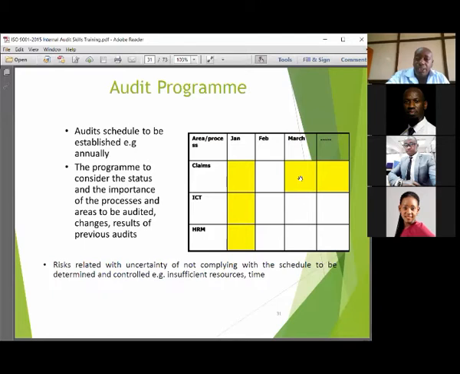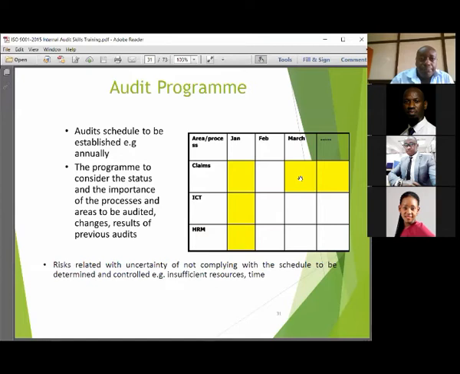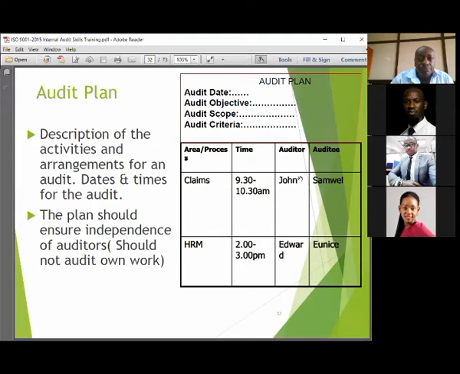But we will need a program like that. Once you have a program, so if it comes to, let's say, January, you now do a specific audit plan. That was the annual, but now you'll do a specific audit plan showing who will audit, when, what time, that will be done.